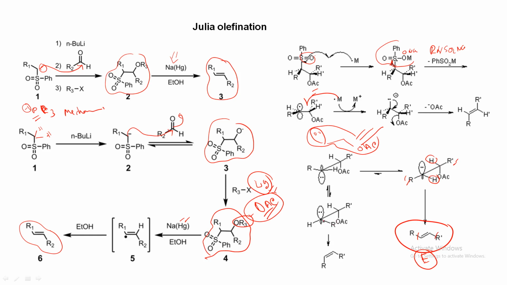But in the other case, these groups are in the same position, so there is a lot of steric hindrance. So the molecule prefers this particular form. After elimination of OAc, this leads to the E geometry, not the Z geometry. That's how the E geometry is formed in the Julia olefination reaction.